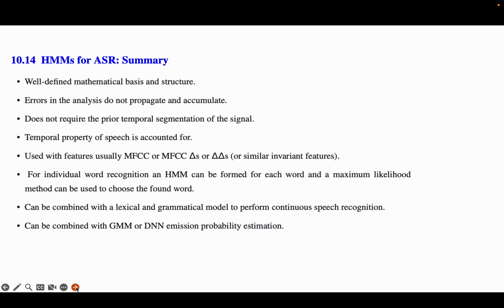The Gaussian mixture model gives you a weighted sum of Gaussian probability density functions.